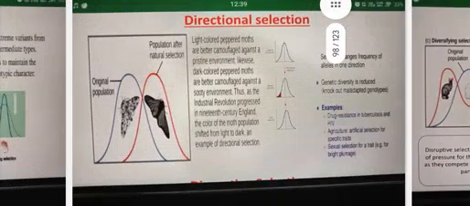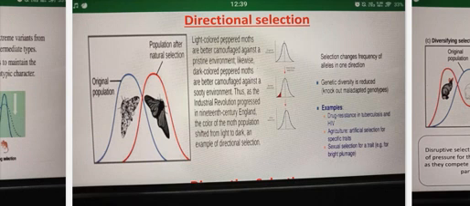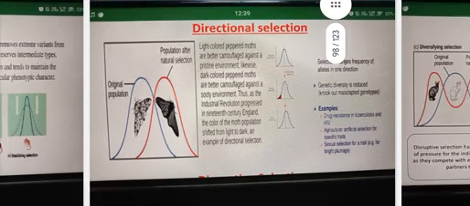Okay, directional selection. Extremes are favored. Light-colored peppered moths are better camouflaged against a pristine environment. Likewise, dark-colored peppered moths are better camouflaged against a sooty environment.